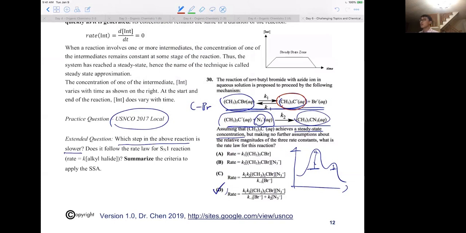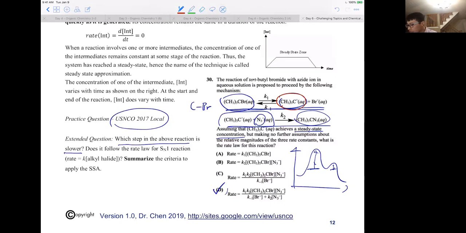Yes, you guys are all correct. The production of the intermediate is slow, k1 is small, and the consumption of the intermediate is fast, k-1 and k2 are both large. Which means the concentration of the intermediate will remain at a very low value because once it is produced, it is immediately consumed, right? So this is why we can make this assumption, and it's also reasonable for an SN1 reaction, right? Makes sense, right?